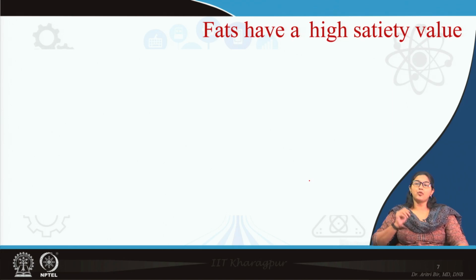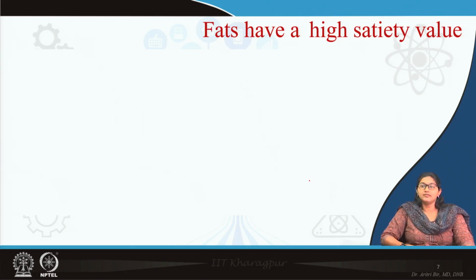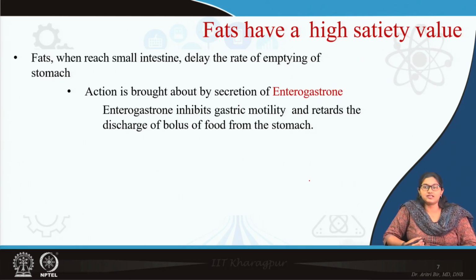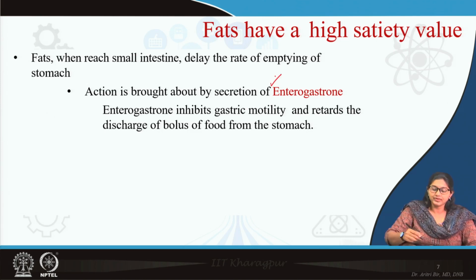Next, there is one important statement: fats have high satiety value. Why? One very important effect of fat on gastric emptying is that it delays gastric emptying. What happens when the dietary content which contains fat reaches the intestine is that there is release of enterogastrone, and this enterogastrone inhibits gastric motility influenced by the dietary fat.